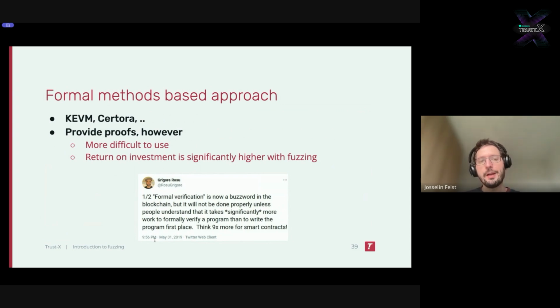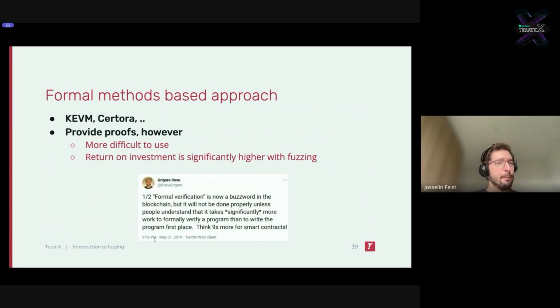The idea of this technique is that instead of executing the program with random transactions and random inputs, they are going to create a mathematical representation of the code base, and they are going to check if the mathematical representation works with the invariant you want to check. This is really powerful because now you can have a proof, because it's a mathematical representation. However, in practice, these techniques are more difficult to use. And if you have a limited amount of time, the return on investment is just lower than fuzzing.